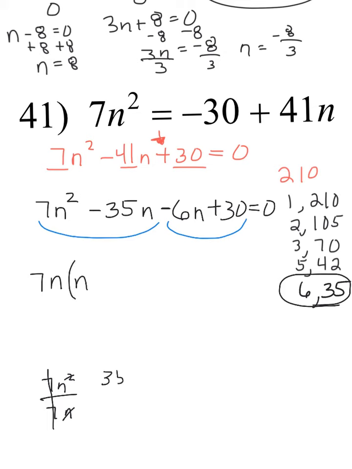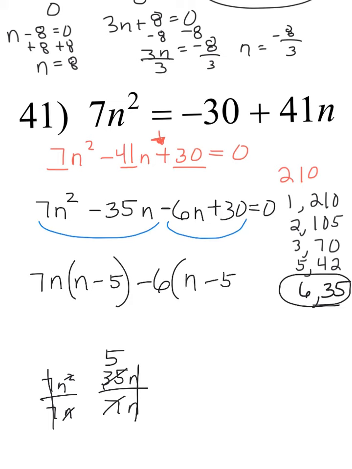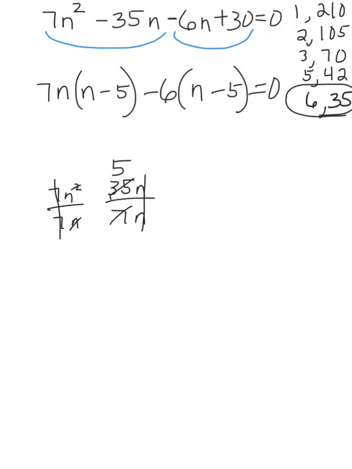When we take 35n and we divide out 7n, the n's divide out, and 35 divides by 7 to be 5. So we have a negative 5 there. Now in the second set, we're going to divide out a negative 6, and so we'll have n minus 5. And all of that, again, is equal to 0.